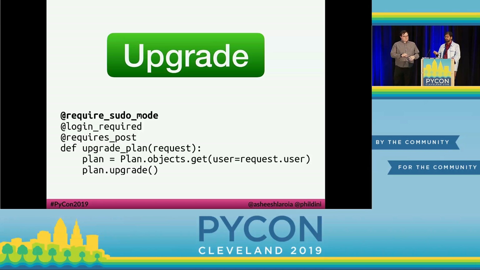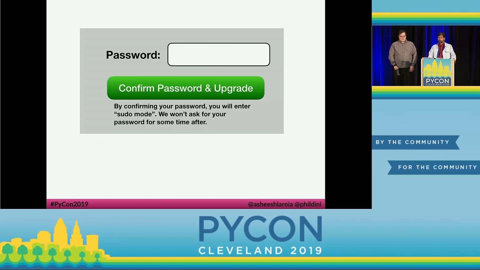What that'll do is when the user clicks the button, it'll make a post request to /upgrade, and the server will detect that the user needs to re-authenticate. Here, you can see in our made-up page that we ask the user for their password, and we explain why we're asking for it, this sudo mode thing.